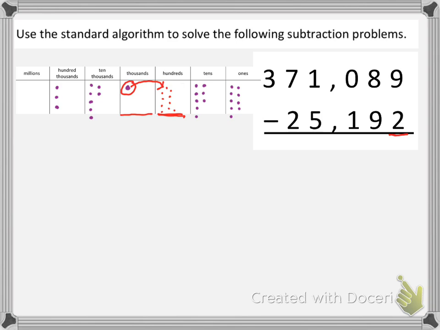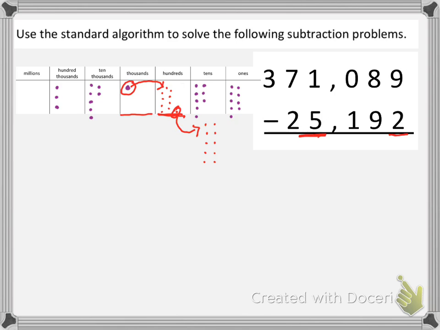Now we're able to take 100 away and cash it in for 10 tens now. 1, 2, 3, 4, 5, 6, 7, 8, 9, 10. So now we have 18 tens, and we have 9 hundreds, but we do not have any thousands now. But if we look over here at the thousands place, 1 take away 5, we don't have any now.